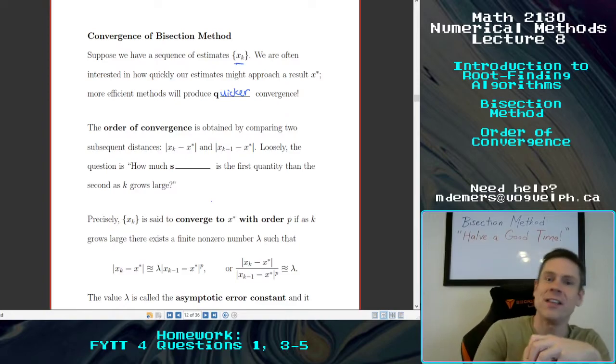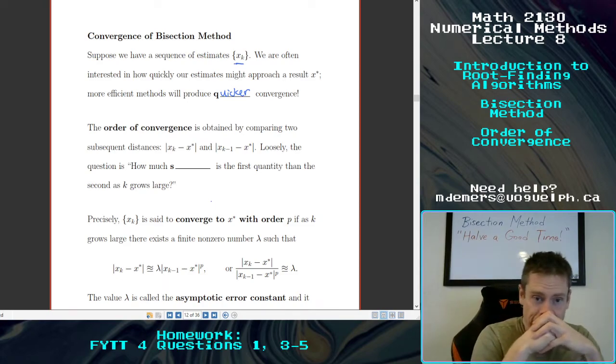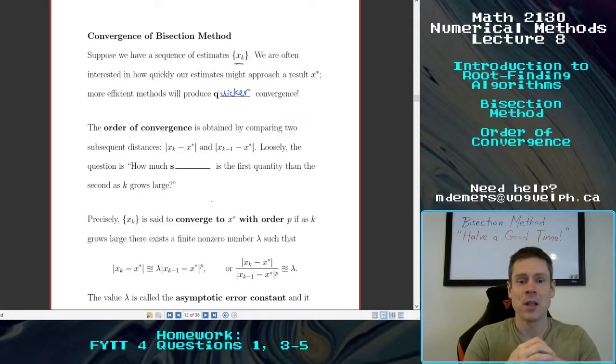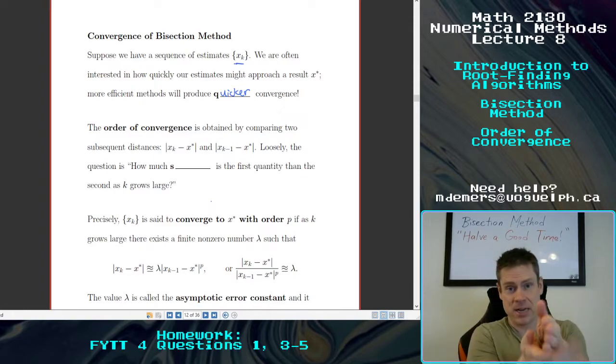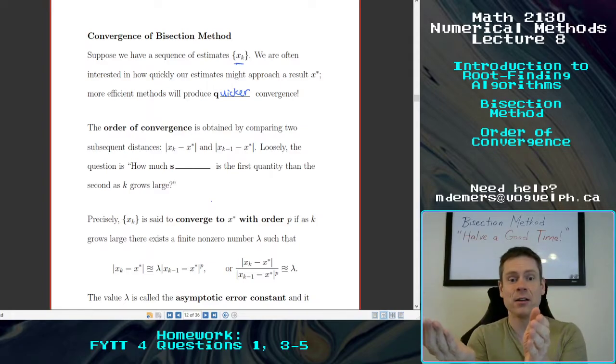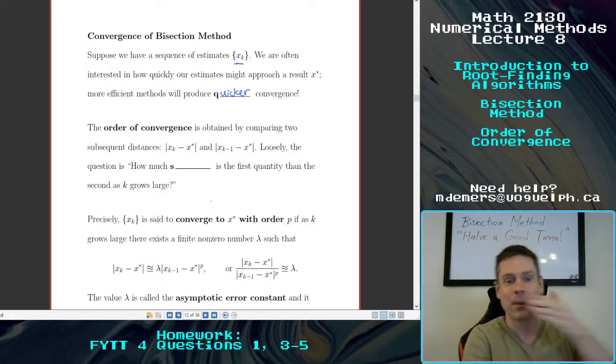But the question is, how quickly do they do this as you iterate that procedure forever? One way to do this is to compare 2 different distances: the kth estimate and the final estimate, x_k and x star, and the estimate before that and x star, x_{k-1} and x star.